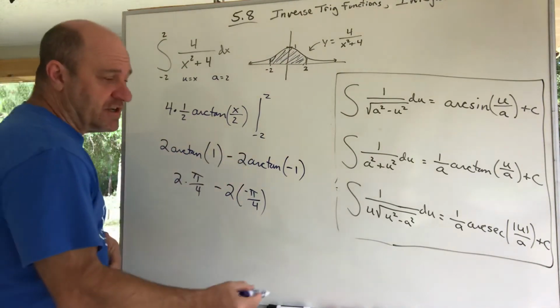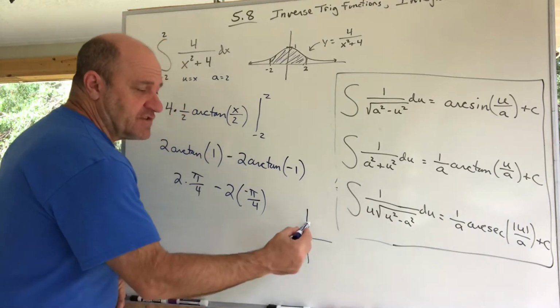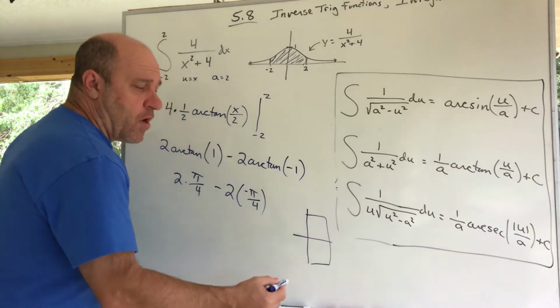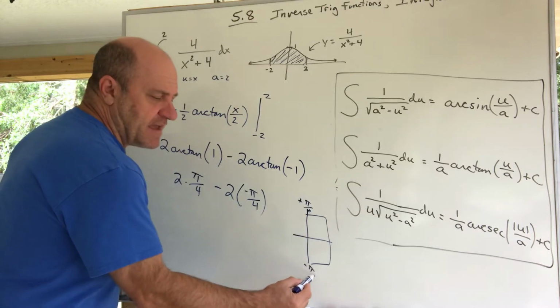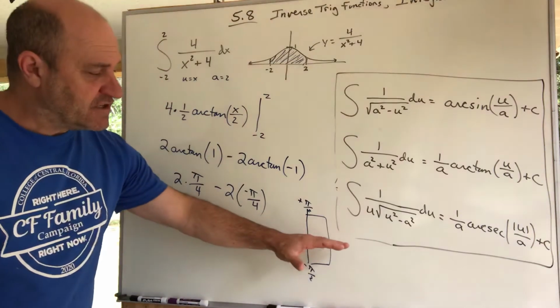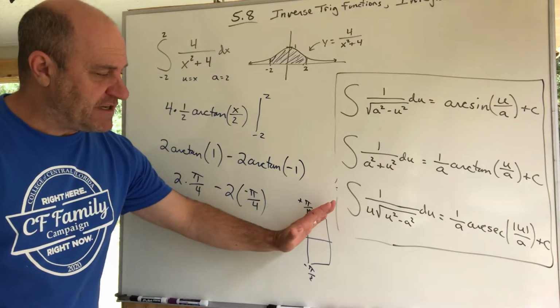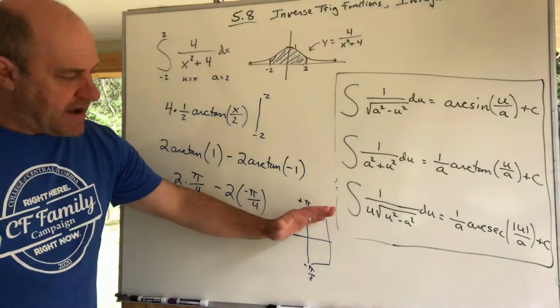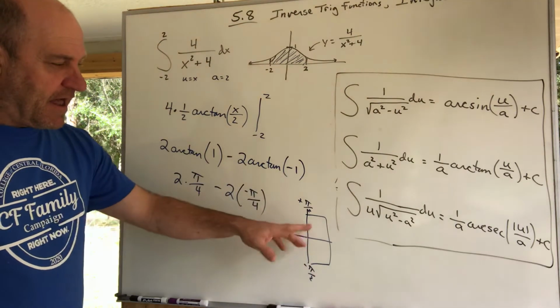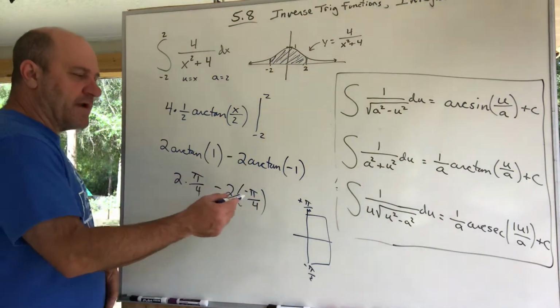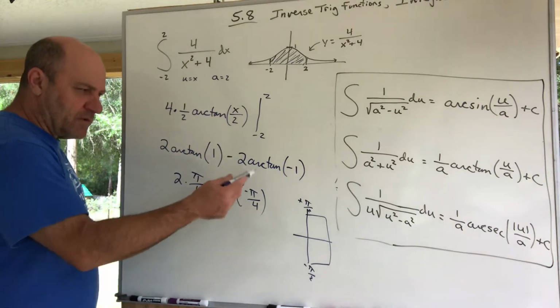So arctangent is restricted to answers in quadrants 1 or 4, or answers between positive pi over 2 and -pi over 2. So 45 degrees in quadrant 1 for that answer, and -45 degrees in quadrant 4 for that answer. And that's the appropriate answer, pi over 4 and -pi over 4. Your calculator would tell you that.